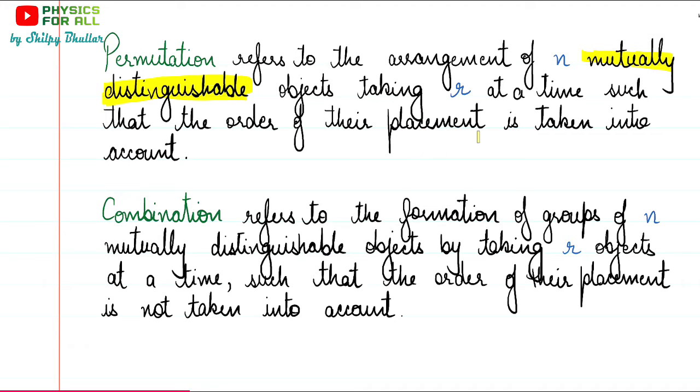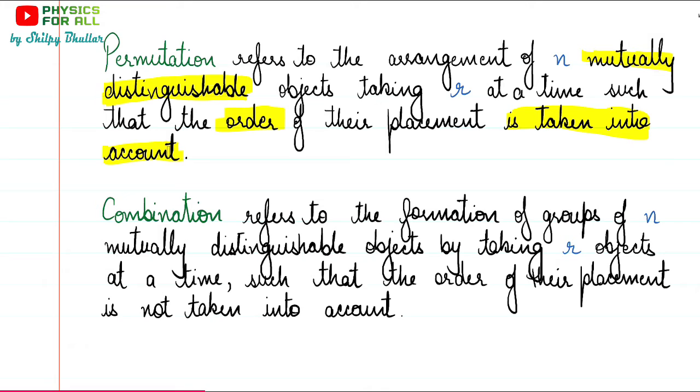Okay, so we can have n mutually distinguishable objects taking r at a time. It is not necessary that we have to pick all the n objects at a time. We can pick a few out of them. So let's denote it by r, at a time, such that the order of their placement is taken into account. So this is important.